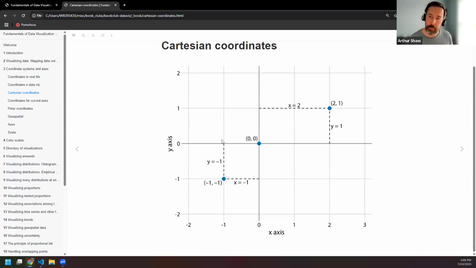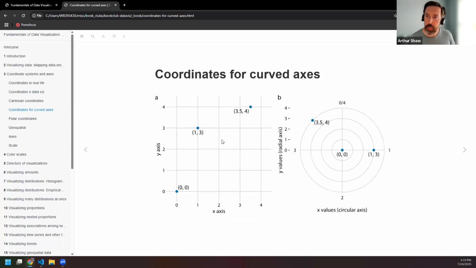So this will ring true or bring back memories of high school algebra or geometry, because it is a coordinate system. But there are also other coordinate systems that exist that we don't have the habit, or at least I don't personally have the habit as much, of thinking about: coordinate systems where, as the author puts it, the axes don't make a right angle, but instead they're curved.